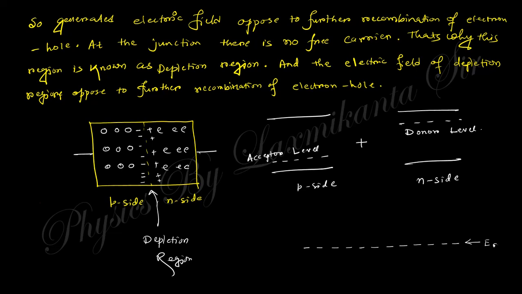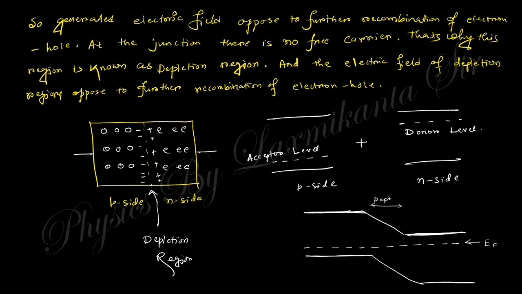Okay. So with respect to the Fermi level, the valence band and conduction band are here in the p side, and in the n side this is the conduction band and this is the valence band. If you connect these two, there will be the band diagram of this PN junction. This is the p side and this is the n side. This is the PN junction, and this region will be the depletion region.